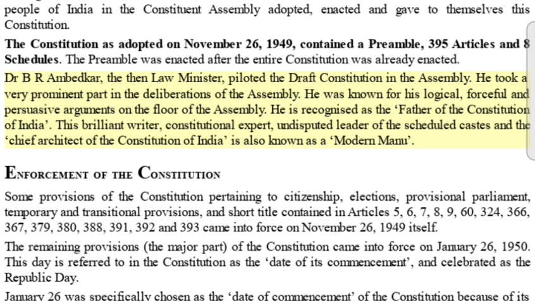He took a very prominent part in the deliberations of the Assembly. He was known for his logical, forceful and persuasive arguments on the floor of the Assembly. He is recognized as the father of the Constitution of India. This brilliant writer, constitutional expert, undisputed leader of the scheduled castes and the chief architect of the Constitution of India is also known as a modern Manu.